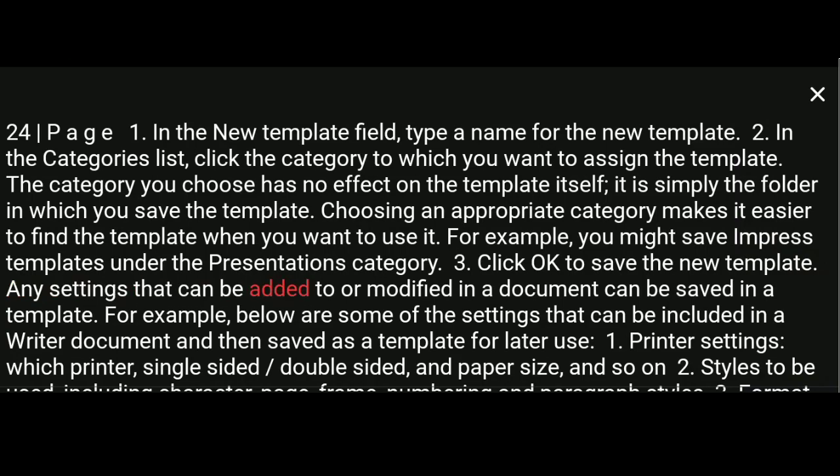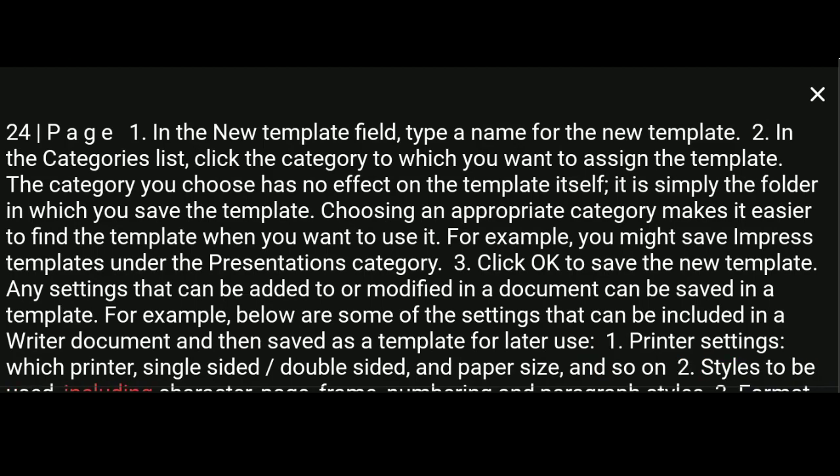Any settings that can be added to or modified in a document can be saved in a template. For example, below are some of the settings that can be included in a Writer document and then saved as a template for later use. 1. Printer settings: which printer, single-sided, double-sided, and paper size, and so on. 2.